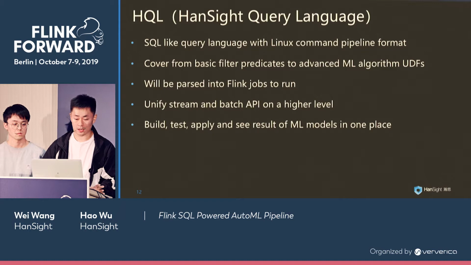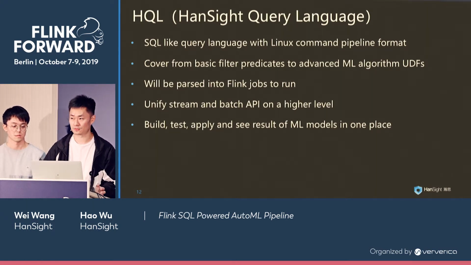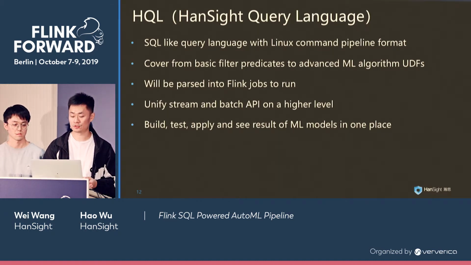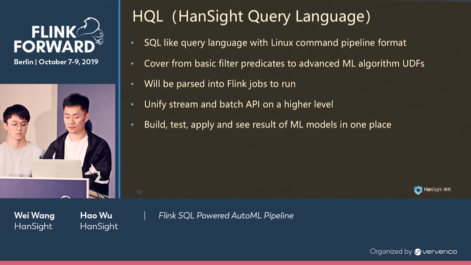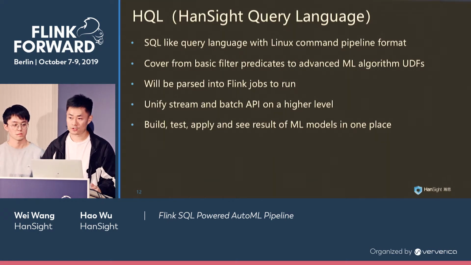Every statement you've typed into the HQL interface will be parsed into Flink jobs to run. Basically, it'll parse into Java code, and then we compile this Java code to Flink jobs, and then we run it on Flink clusters. That's the whole process. So finally, with HQL, you don't have to know details of Flink SQL APIs.